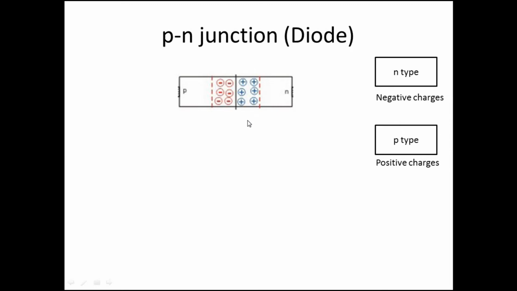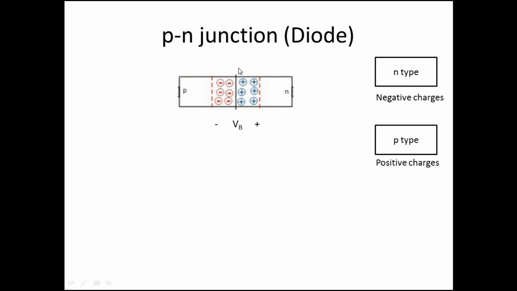So by diffusion, there will be a positive potential here and a negative potential here, creating a potential called the barrier potential. The barrier potential is formed by this combination, by the diffusion of these charges. Once the barrier potential is formed, it acts as a barrier, and there will not be any further diffusion or flow of charges.